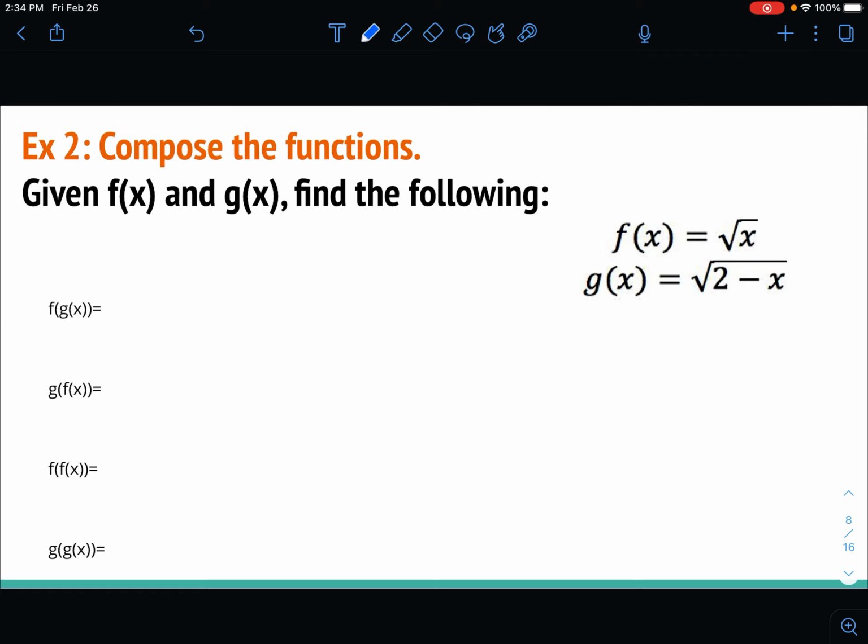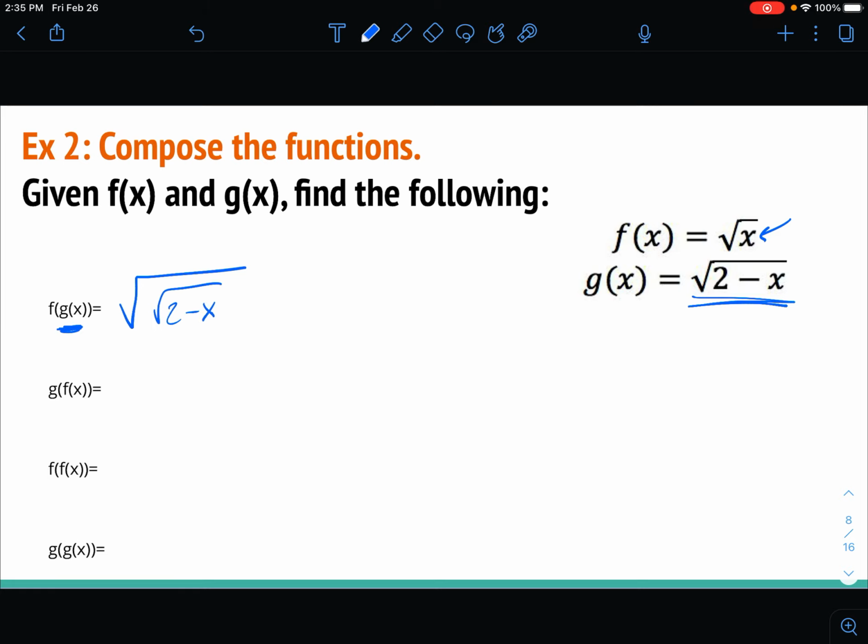So f of g of x. g of x is the input. So we're going to input g of x into the input for f. So this is going to be the square root of the square root of that 2 minus x.